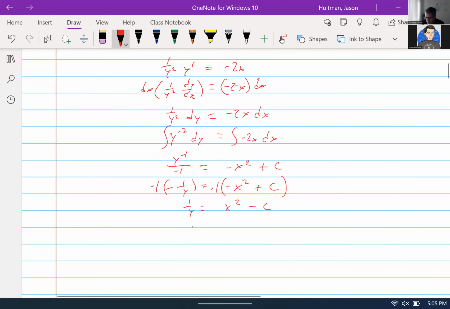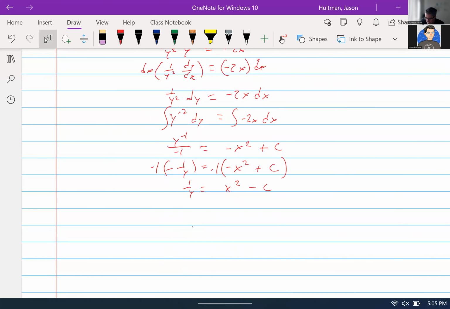I might keep the minus. I could turn it to a plus if I wanted to. It really doesn't matter. Then I want to solve for y. I can look at this as x squared minus c over 1 and then flip everything upside down. And we get y over 1 is equal to 1 over x squared minus c. And anything divided by 1 is itself, and so we just get that. That was the solution to the differential equation.